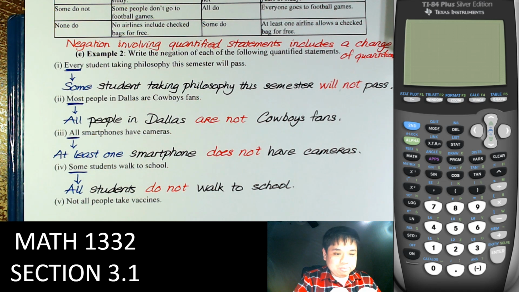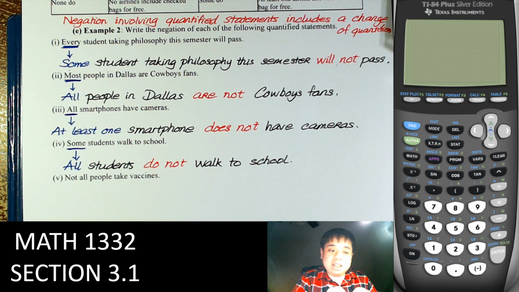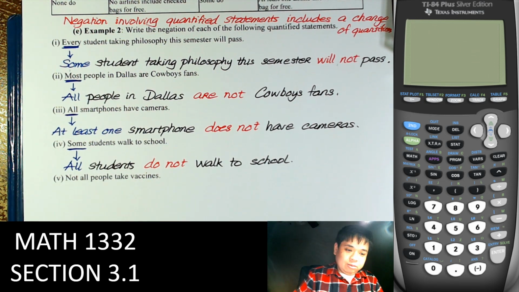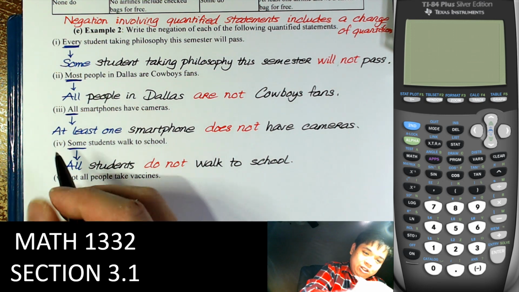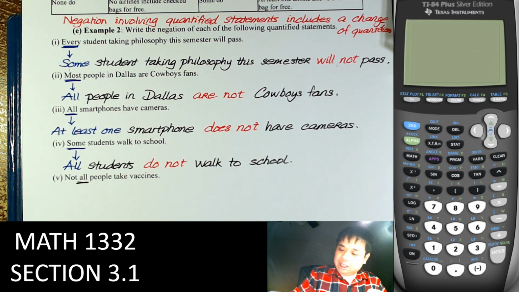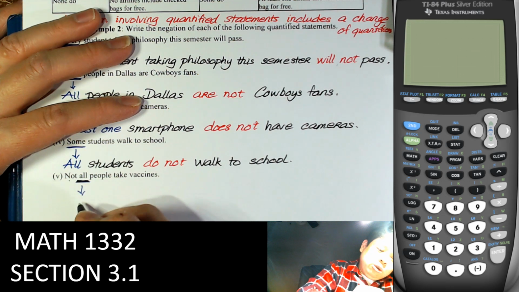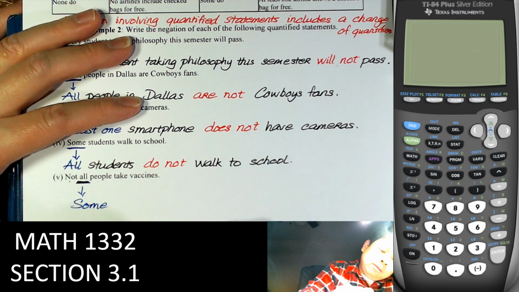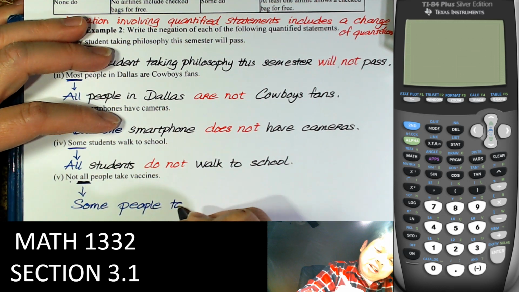So that's good. And: not all people take the vaccine. So not all. The "all" part is universal, and this already has "not". So we just need to do "some": some people take the vaccine.